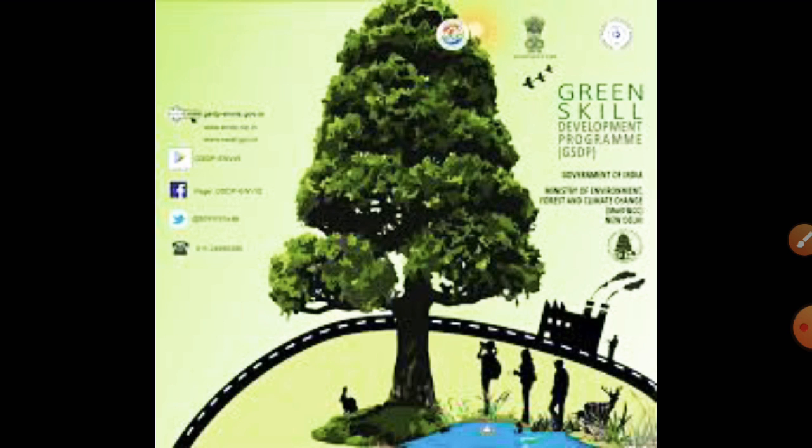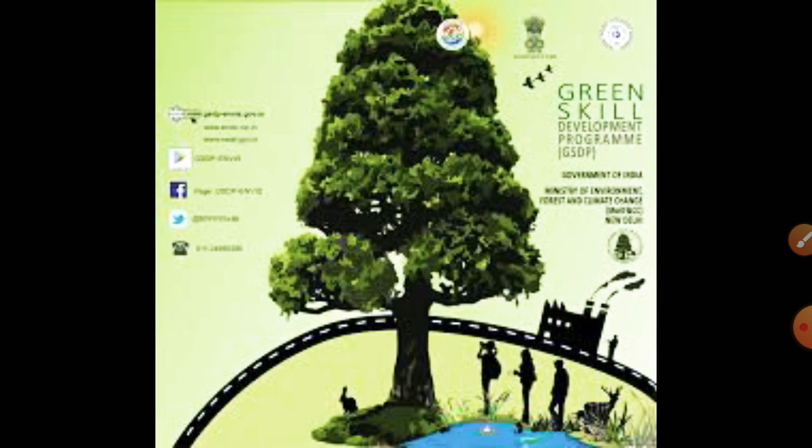When we see outside or around, we find many things related to it: we see plants, land, sky, water, birds, animals, humans. These are all related to our environment.